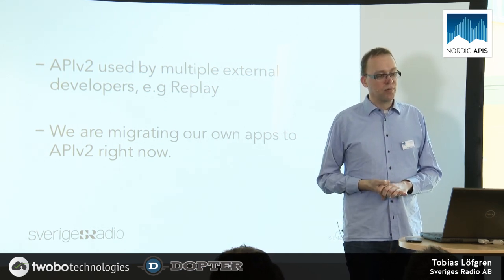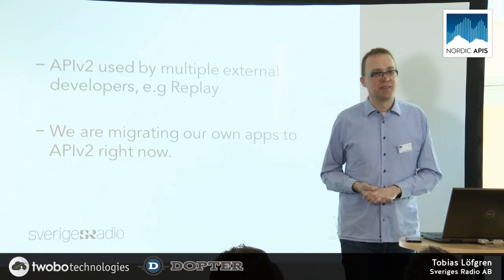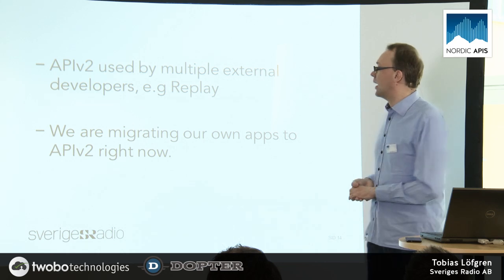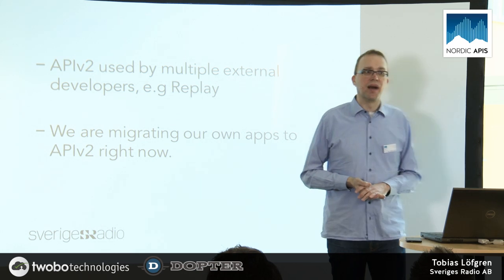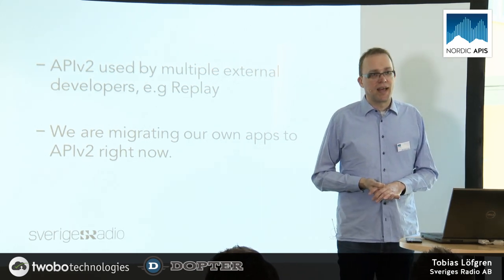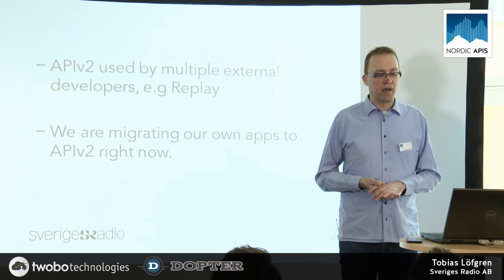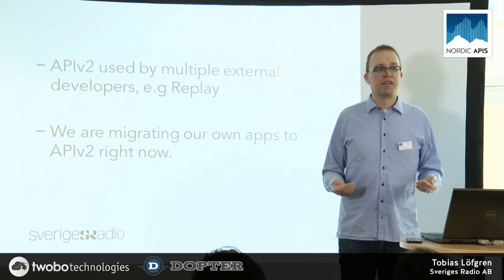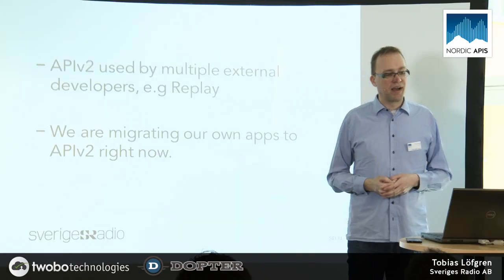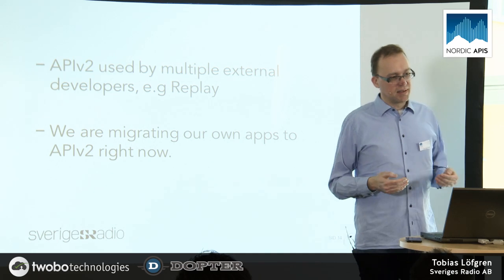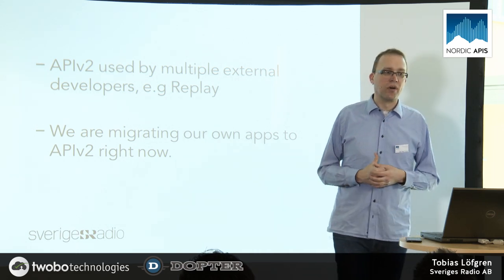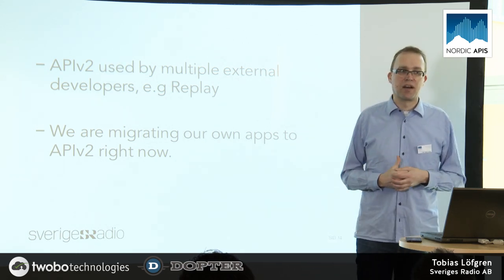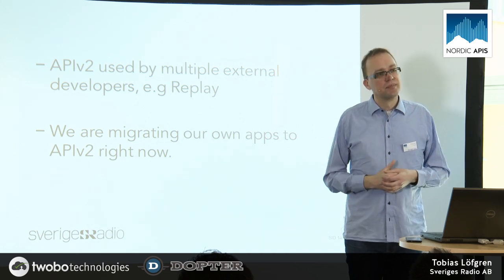And we are migrating our own apps slowly to version 2 of the API as well. This is one of the powers of versioning your API. For over 6 months now, we've had external developers testing and proofing version 2 of our API, so that when we're migrating our own Play apps to this API now, we can be pretty damn sure it works and is solid, and we've actually ironed out a lot of performance bugs.